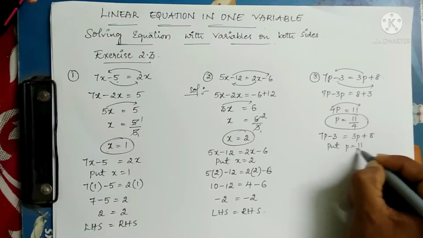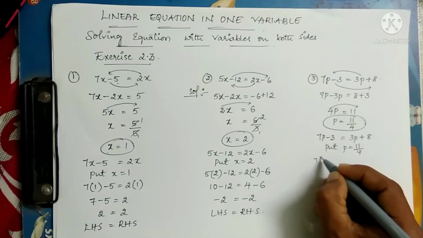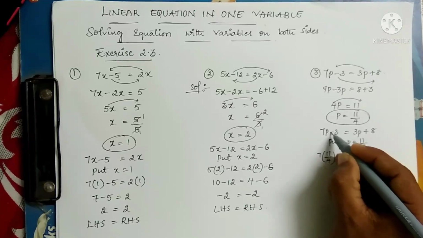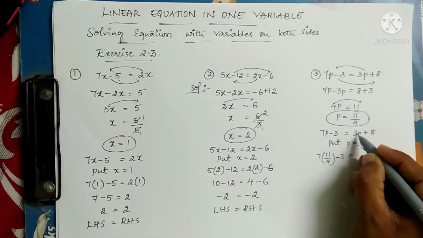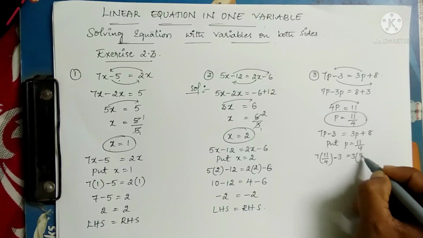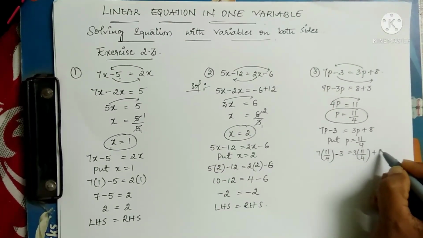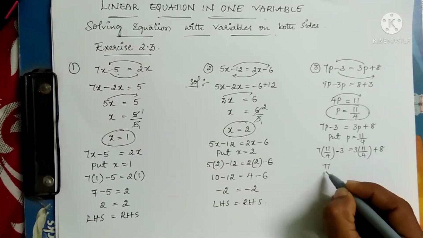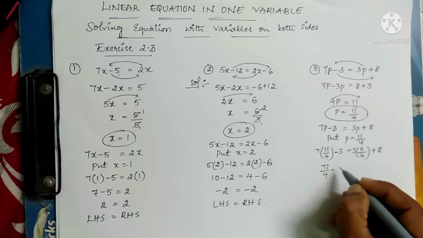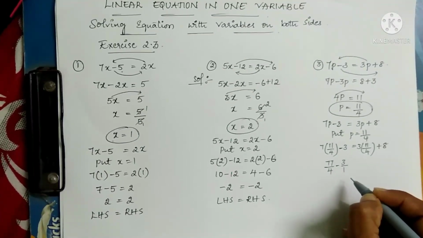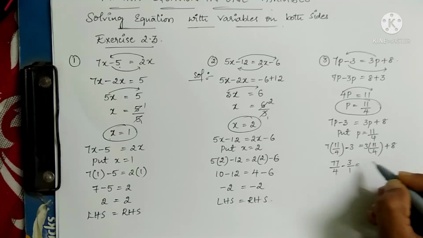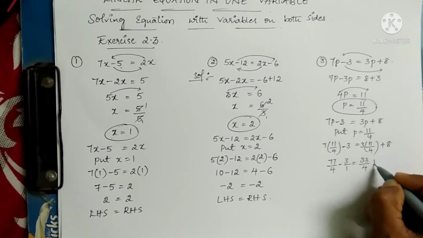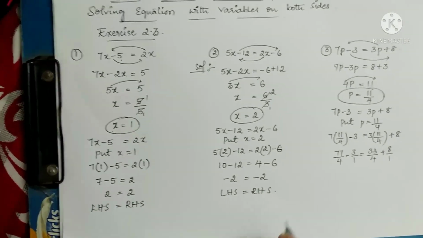Put p equal to 11 by 4. 7 into the value of p, 11 by 4, minus 3 is equal to 3 into p, the value of p, 11 by 4, plus 8, as it is. 7 into 11 is 77 by 4, as it is, minus 3. I write this as 3 by 1, which is equal to 3 11s are 33 by 4 plus 8, which can be written as 8 by 1.